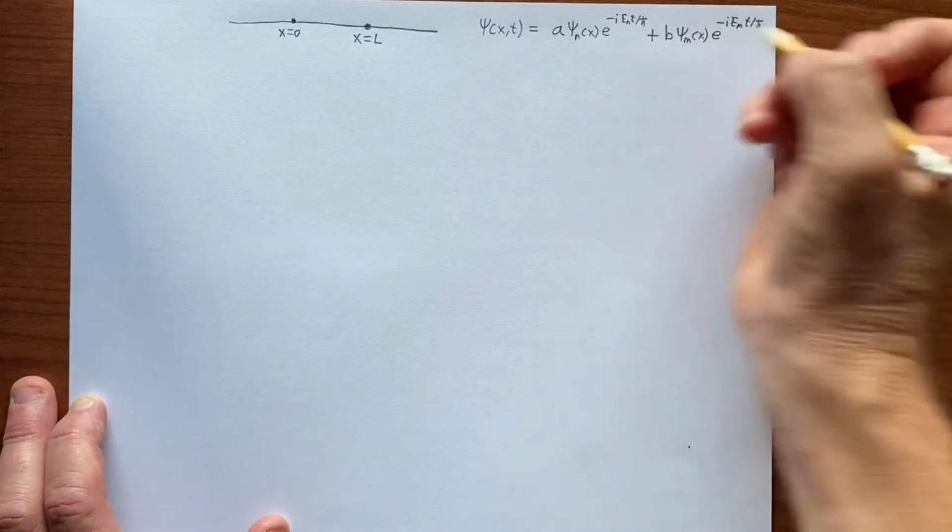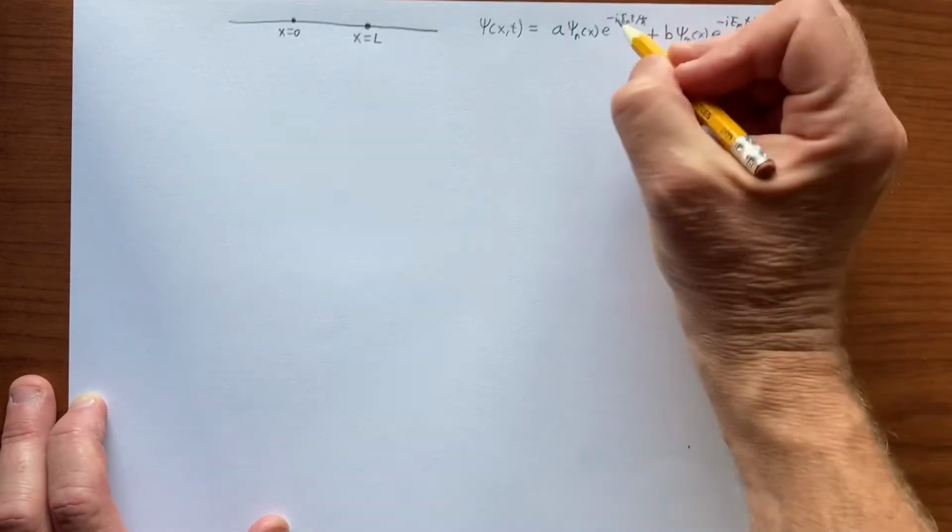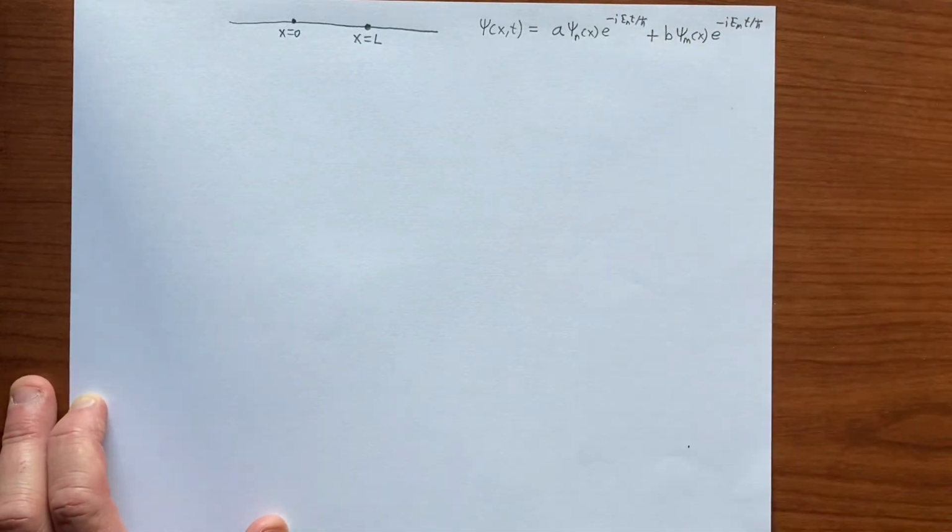psi m are eigenfunctions of energy, with energies E n and E m. We know how to get those values.